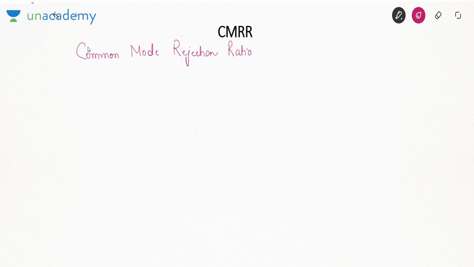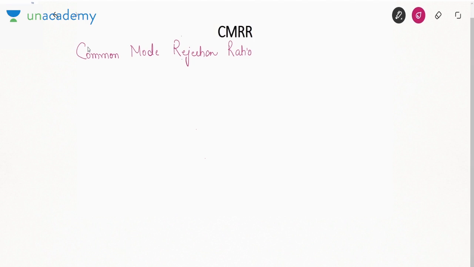Those of you who have studied BJT differential amplifier might be knowing this. For those who haven't, let me define it for you. This common mode signal means the signal that is common to both the input terminals. That means the same signal is applied at both the input terminals, and that signal is called the common mode signal.